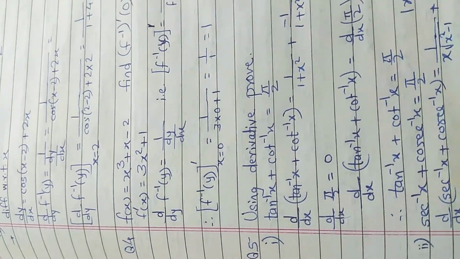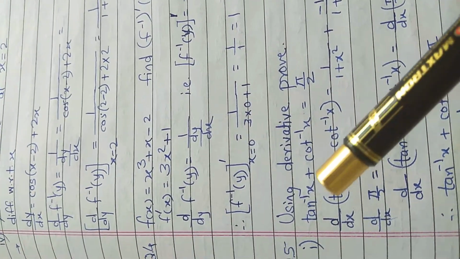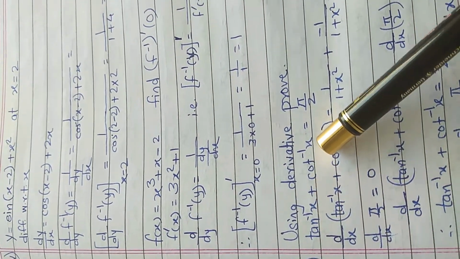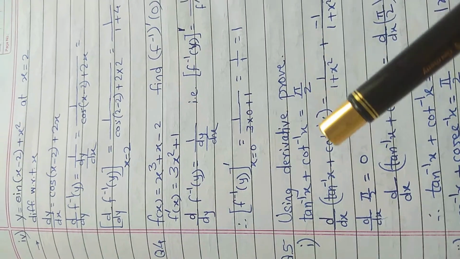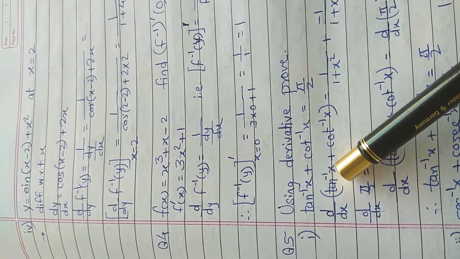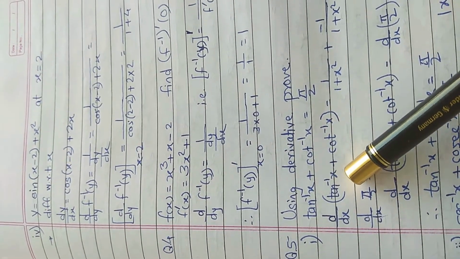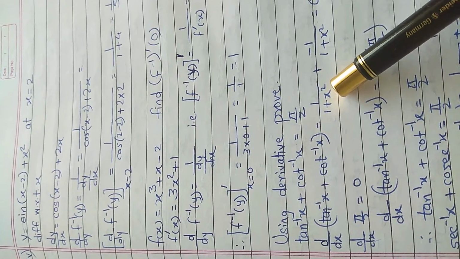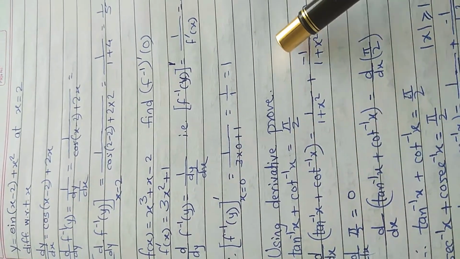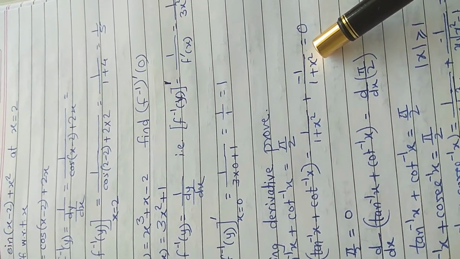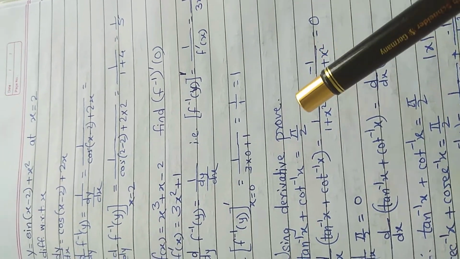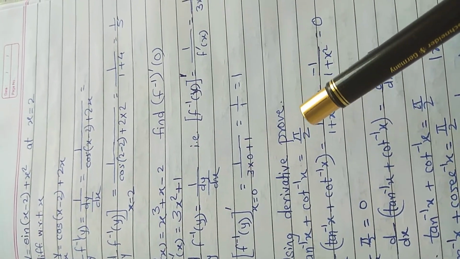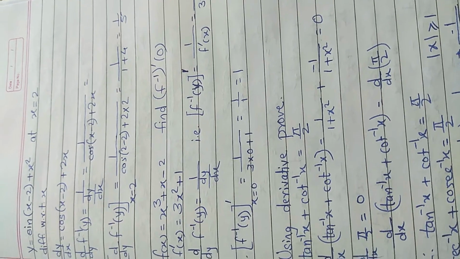Now using derivative we want to prove that tan inverse of x plus cot inverse of x is pi by 2. Let us check derivative of tan inverse plus cot inverse. We know that derivative of tan inverse is 1 upon 1 plus x square. Derivative of cot inverse is minus 1 upon 1 plus x square. Denominator is same. Therefore we can add the numerators. 1 plus minus 1 will give you 0.